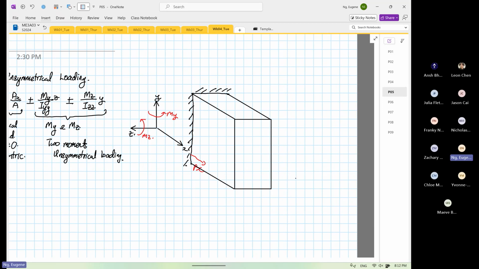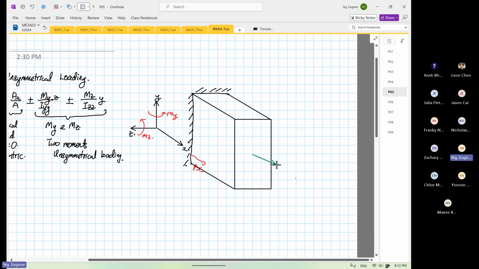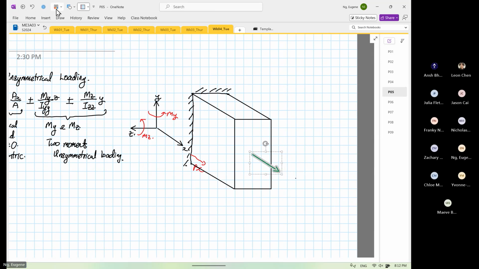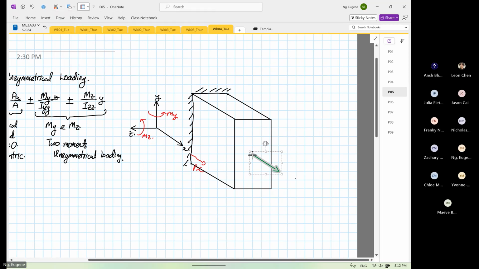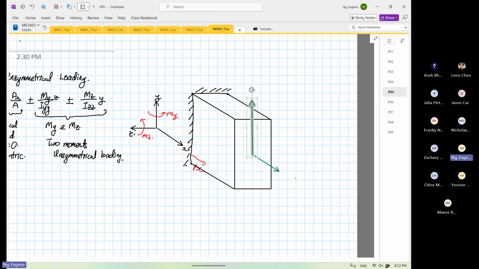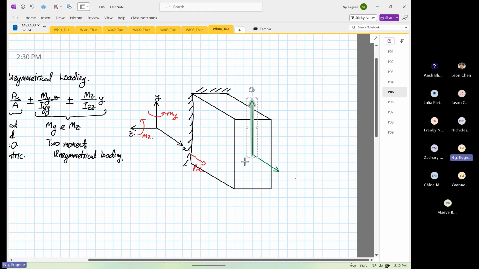So I'm going to sketch the geometric centroid. So the geometric centroid looks like this. And then another geometric centroid, this is the position of the other geometric centroid. And then we have another position.